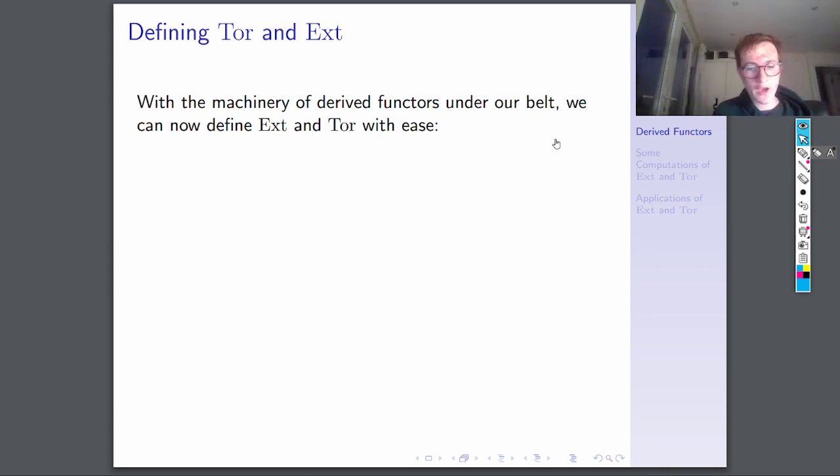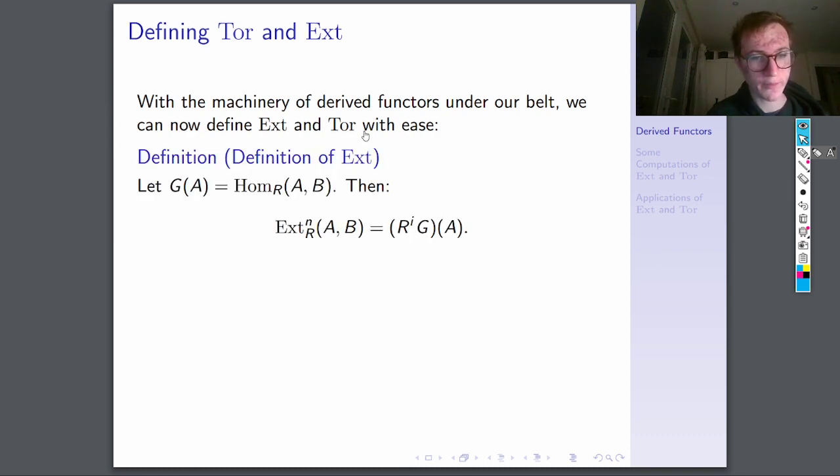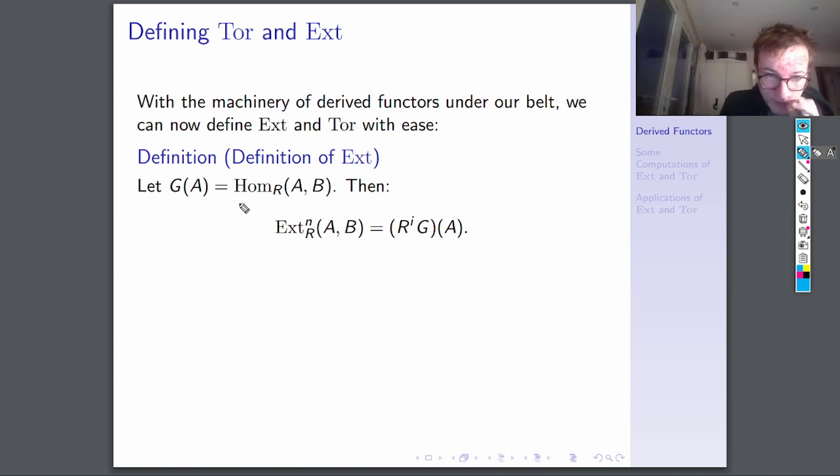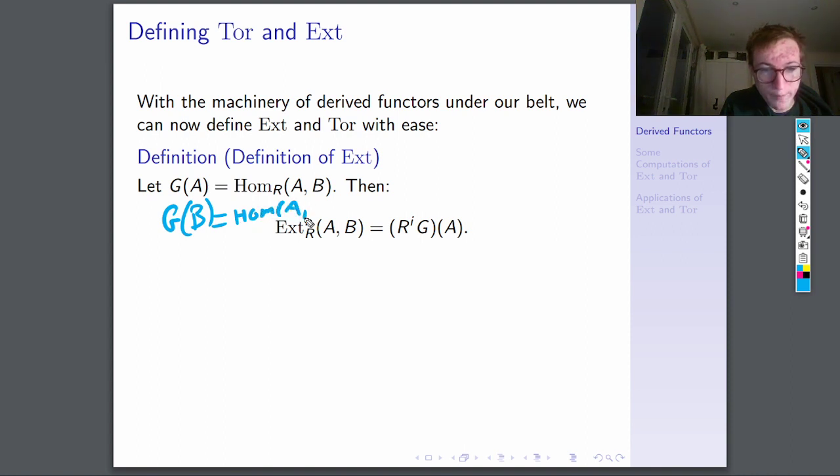And so now that we've defined derived functors, Ext and Tor are just a special case. If we, for convenience, define a functor g as being the Hom functor, then Ext is just the right-derived functors of this Hom functor. Also, it should be noted that it doesn't matter if I were to define g of b, for example, as Hom of a and b, the Ext will stay the same.